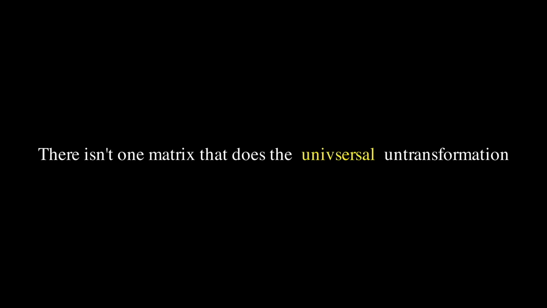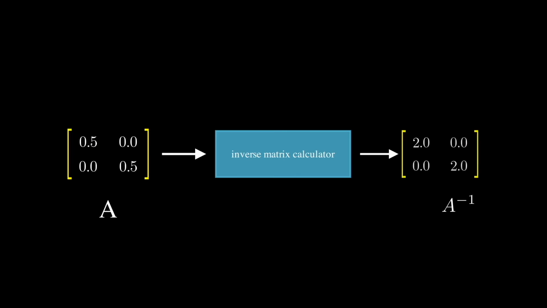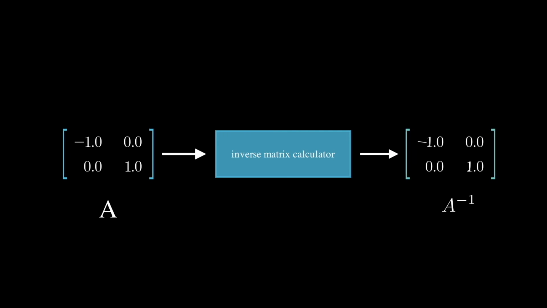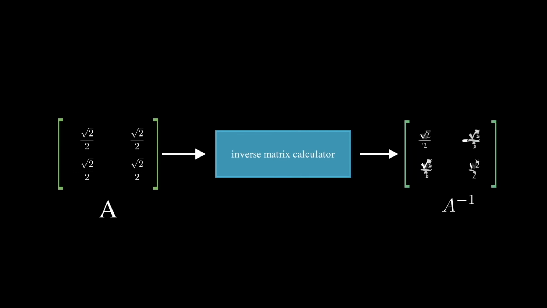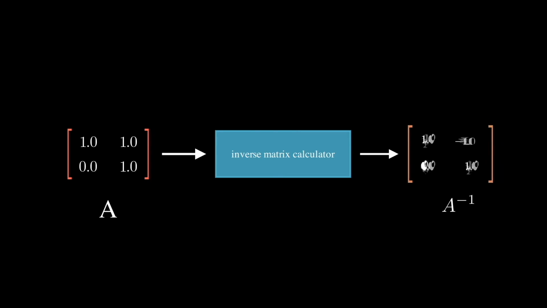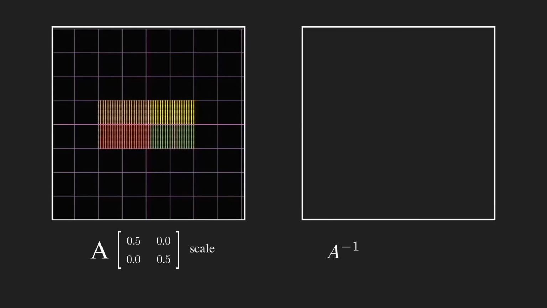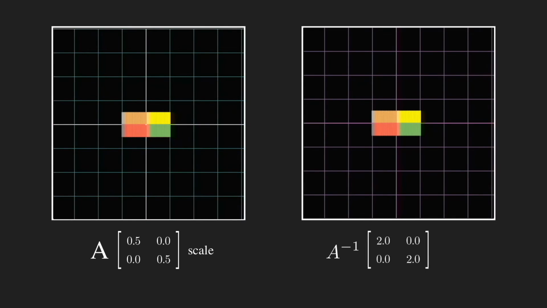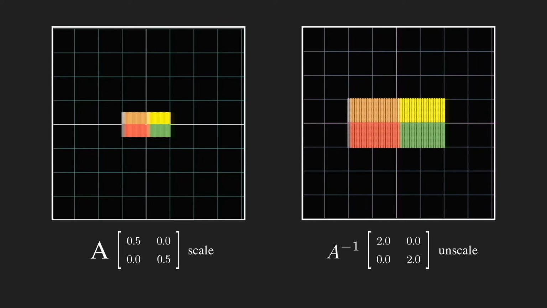Unfortunately, the short answer would be no. There isn't one matrix that does the universal untransformation. But for every matrix you're interested in, our computer can calculate its inverse, which is another matrix that is capable of that particular untransformation. For example, the matrix which scales, its inverse matrix unscales.